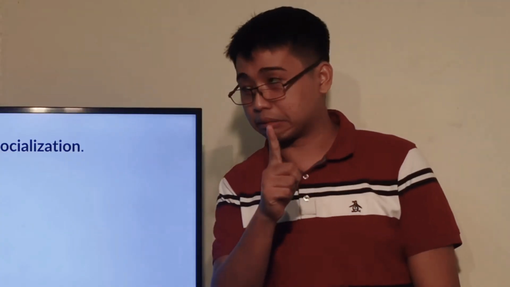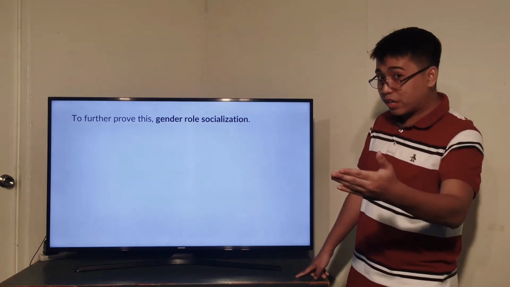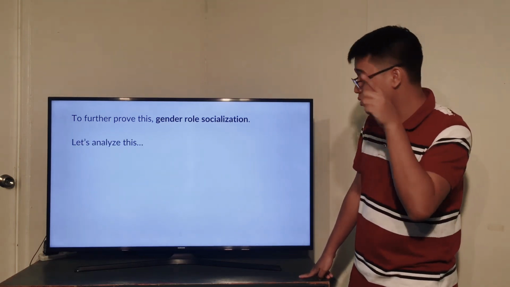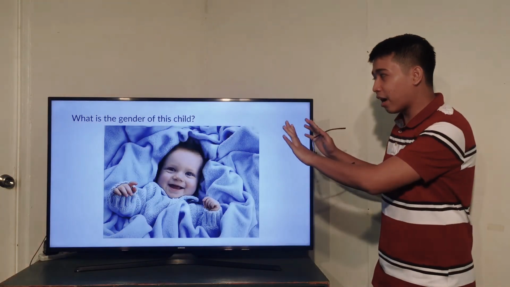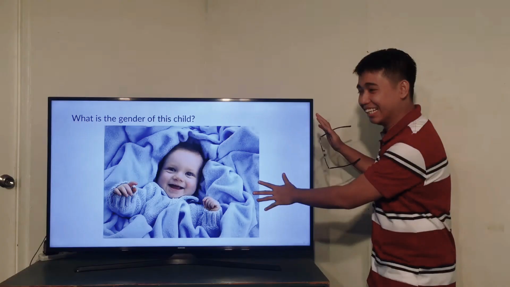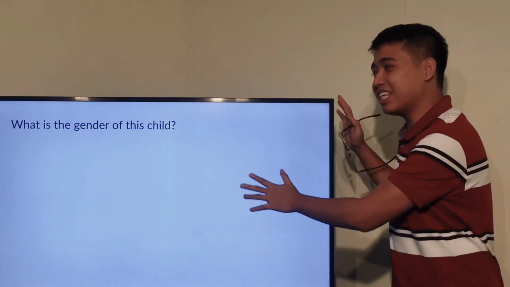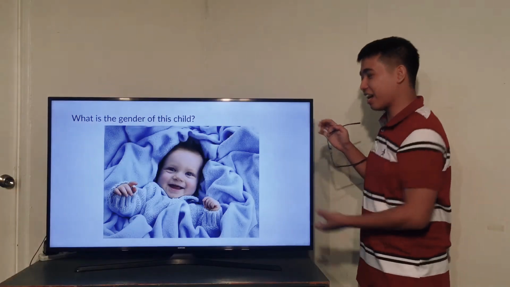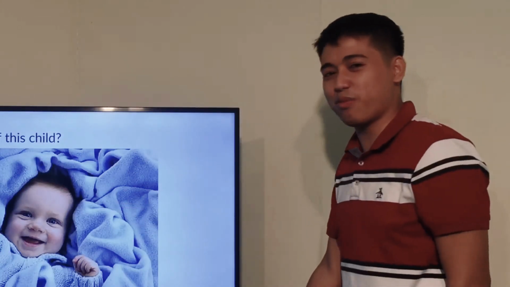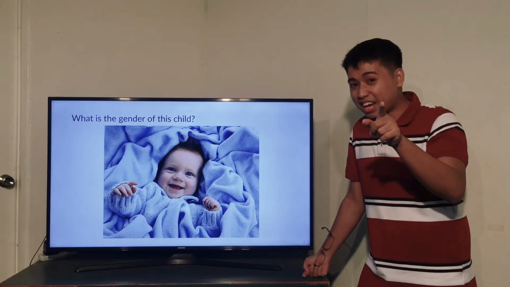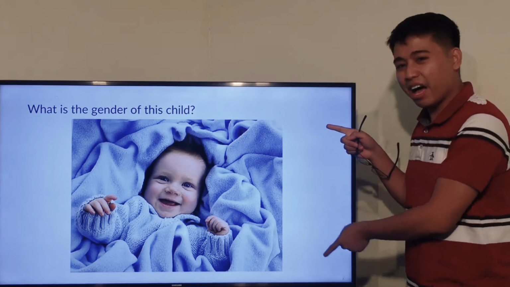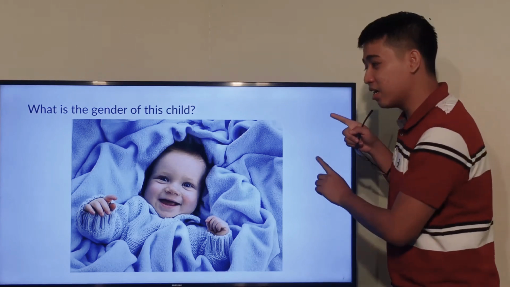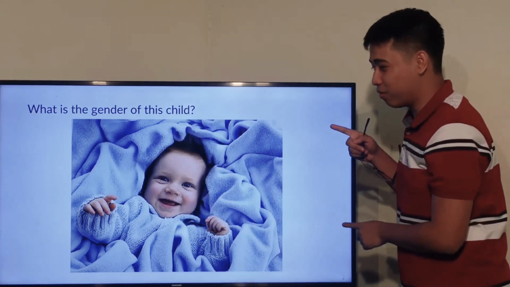Yun ang dahilan. And to further prove this gender role socialization na sinasabi ko sa iyo, let's analyze this. Madali lang. Huwag ka muna mag-next. What is the gender of this child? Pakita. Ayan, nawala ito ni momentum kasi ikaw eh. You'll probably say, ay lalaki kasi kulay blue.